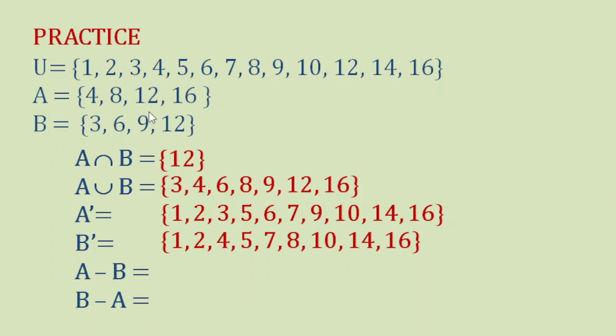So we will remove this 12 from A. So we have 4, 8, 16. Now B minus A. Again, these are the elements of B and these are the elements of A. The common element is 12. So we will remove this 12 from B. So B minus A, we have 3, 6, 9.